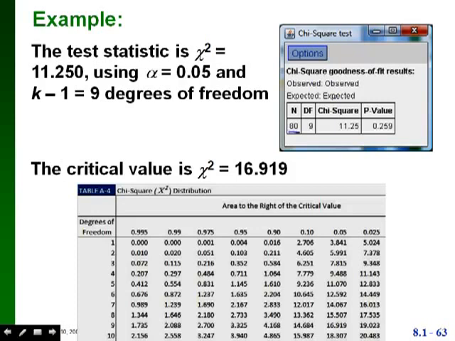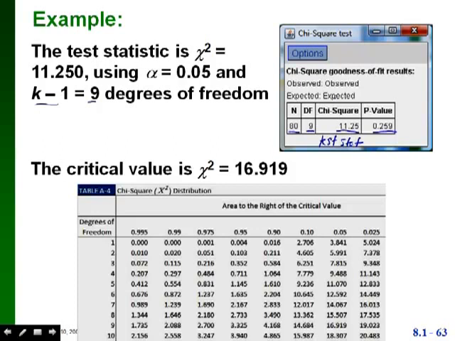It gives you your sample size, your degrees of freedom, and remember that was the number of categories minus 1. So we had 10 categories, that gives us 9 degrees of freedom. Where it says chi-squared, that's your test statistic. And it also gives you the p-value, in this case, which is 0.259.